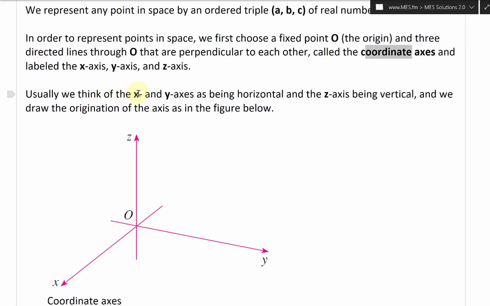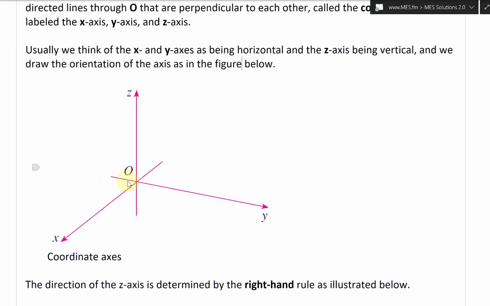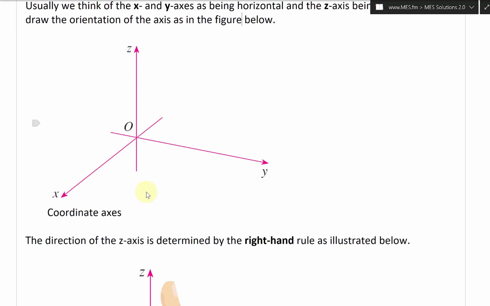Usually we think of the x and y-axis as being horizontal, and the z-axis as being vertical. We draw the orientation of the axes as in the figure. Here's how it typically is shown. There's the origin at the center, and there's the y and x as the flat plane, and the z is the vertical. So these are the coordinate axes.